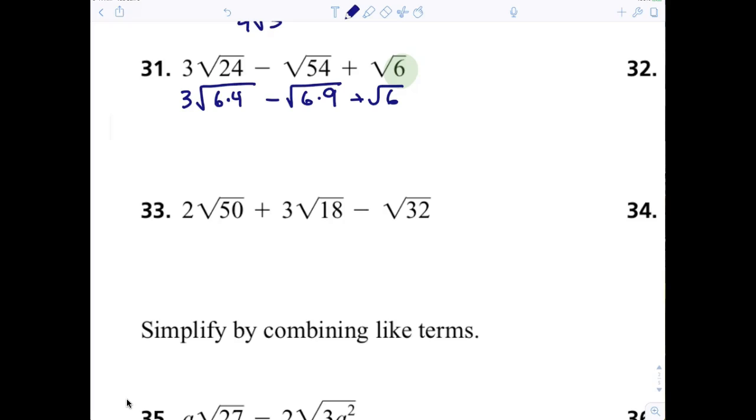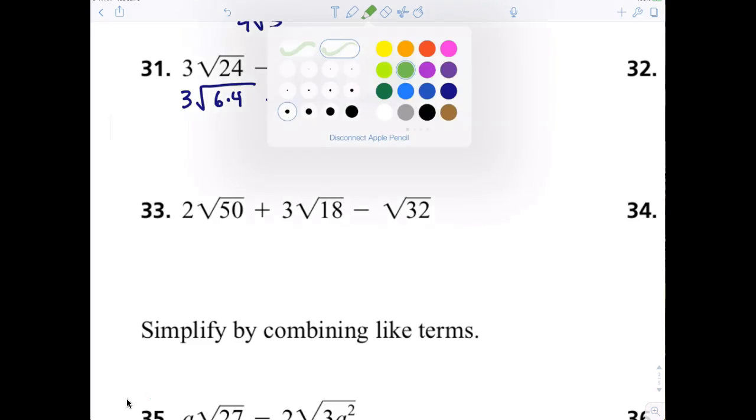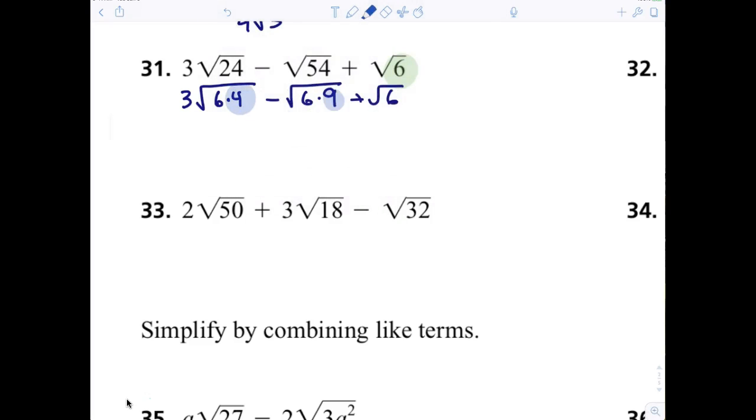Okay, so now let's pull out the perfect squares. And again, I hope you're doing something similar to what I'm doing, highlighting the perfect squares. Eventually you don't have to do that. Okay, so now the first one becomes what? What's the square root of 4? 2. There's a 3 already out in front.